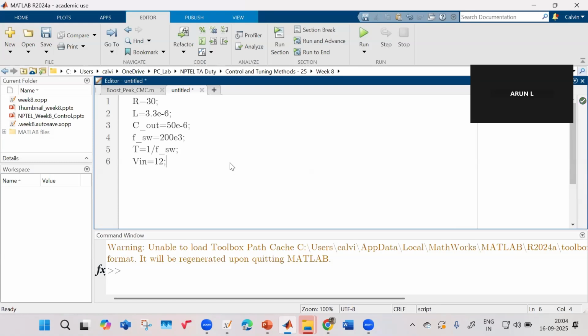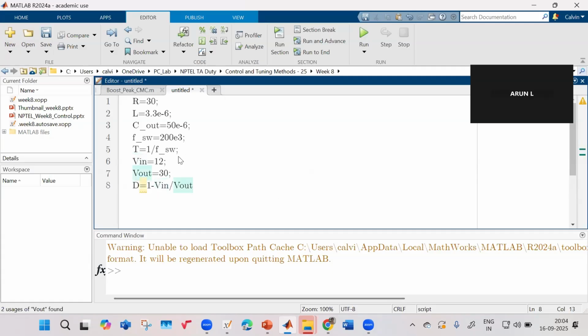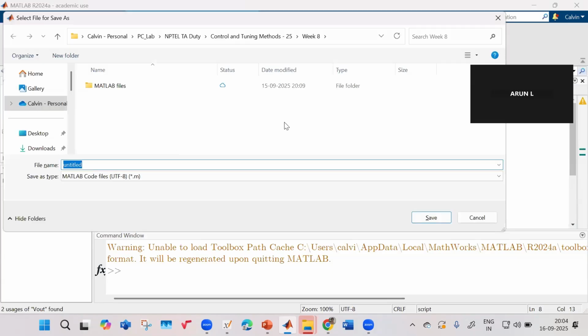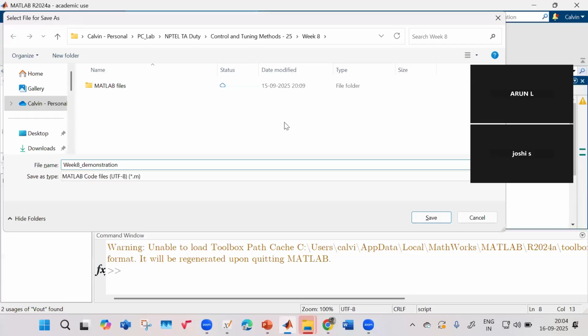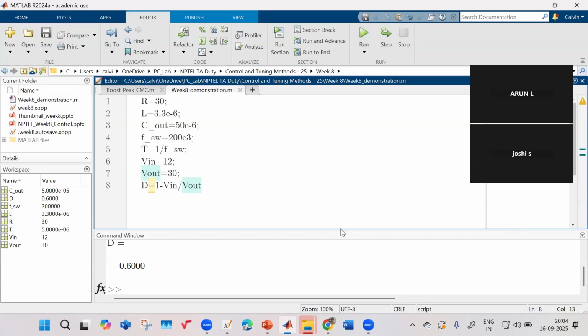V in is 12. V ref output, V out, is 30. So your D you get by 1 minus V in upon V out. This is your duty. The duty you get as 0.6, right?